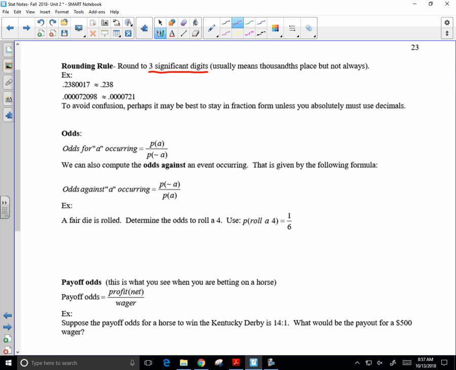All right, this is not the chemistry sig figs if you're familiar with that. This is simpler. Three significant digits means the first 3 values after the zeros end in the decimal. So ignore any initial consecutive zeros, then start your rounding after the zeros end.